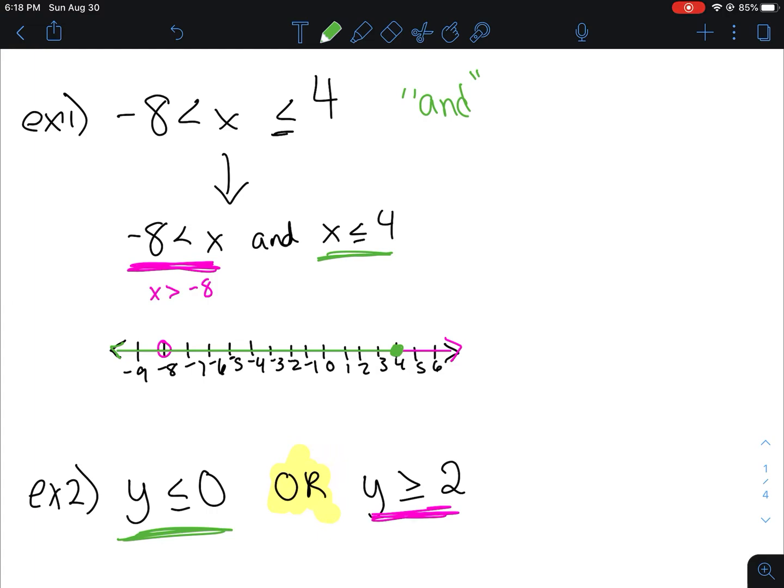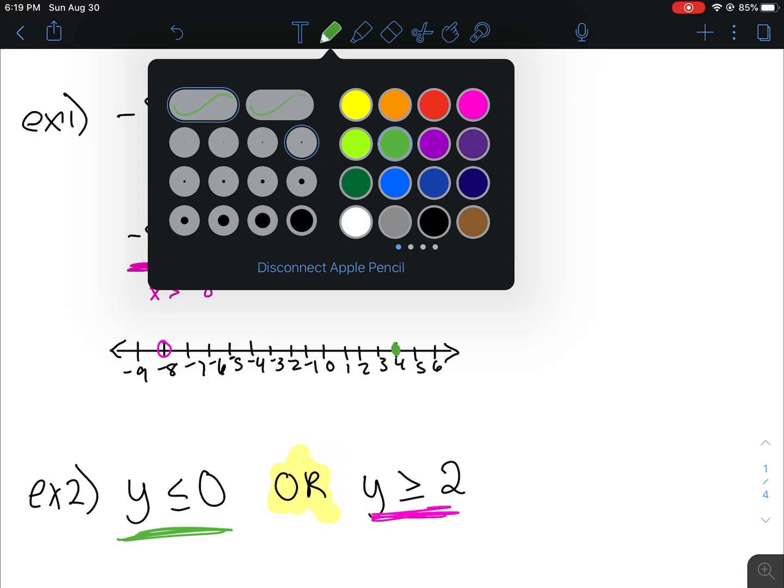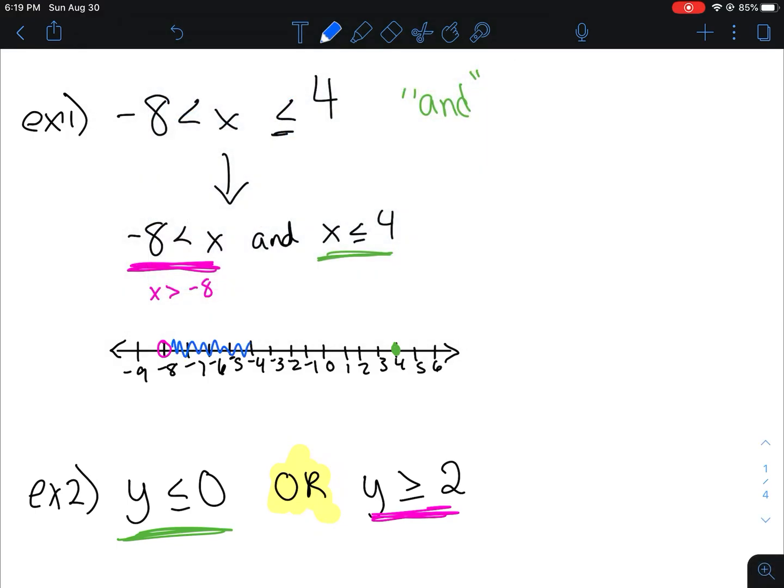So technically, when we end up graphing this, we only graph the part that has the overlap. So I'm going to do that again. And so the actual overlap is just here in the center. What this compound inequality is saying is that it has to be a number between -8 and +4.